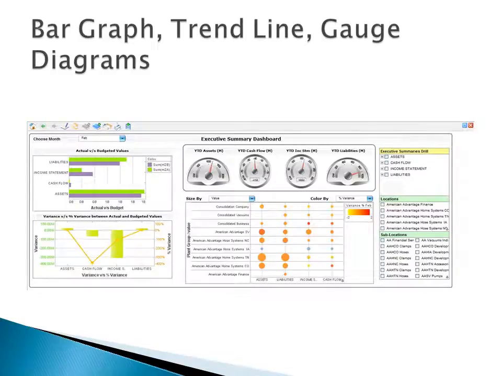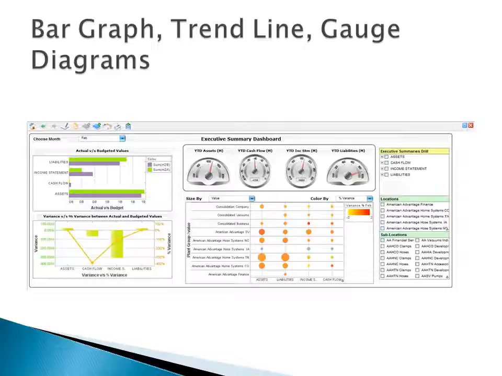So this is another one. This is a little bit more clear, but you can really see that it has some bar graphs with the green and purple bars, and it's showing an actual budget versus what the budget was, so actual versus budget, and they've got the color coding. It has a trend line on the left-hand side on the bottom with variance versus percent variance.